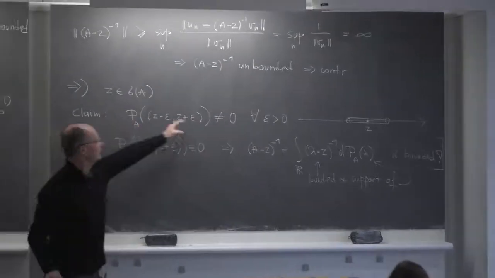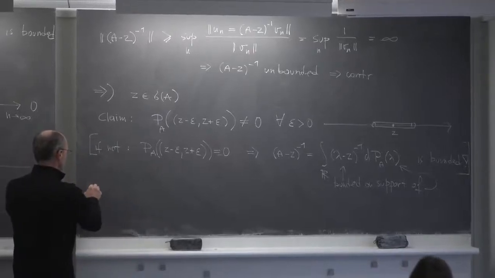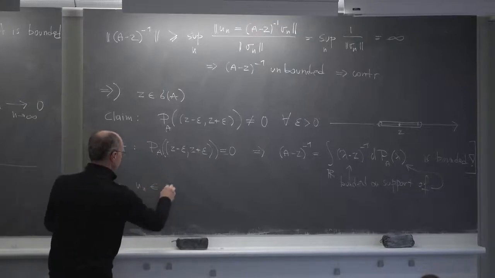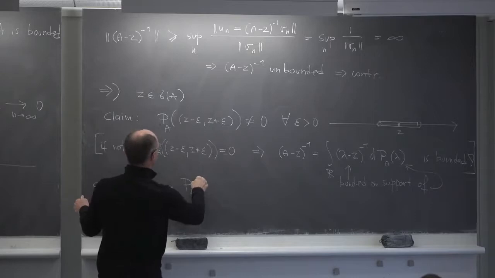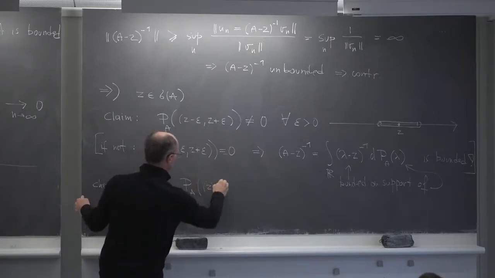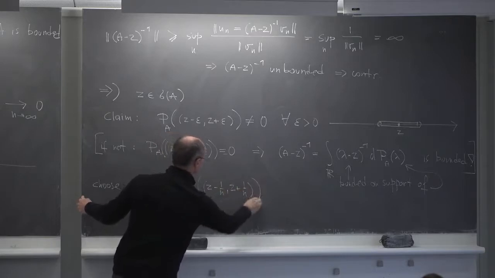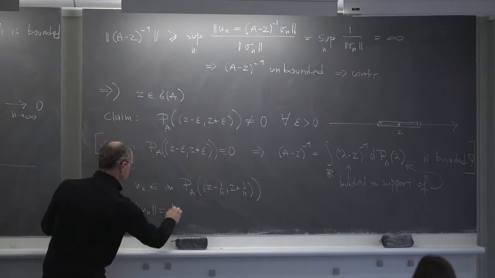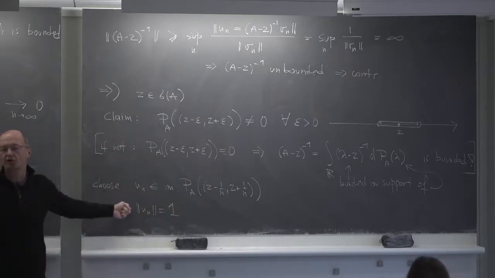Okay, so if they do not vanish, let's do the following. Let's choose u_n to be in the image of P_A of the interval (z minus 1 over n, z plus 1 over n), and let's choose them of norm 1.